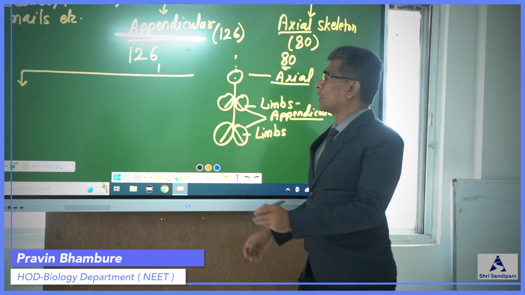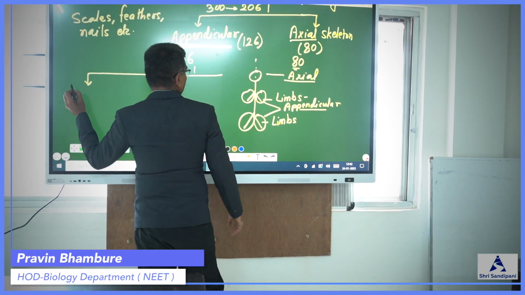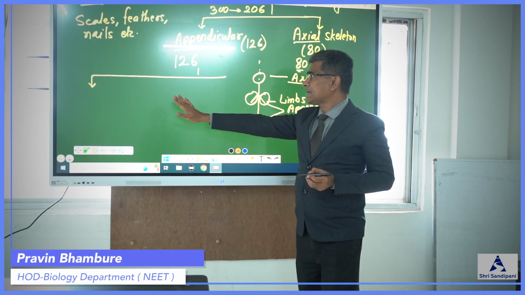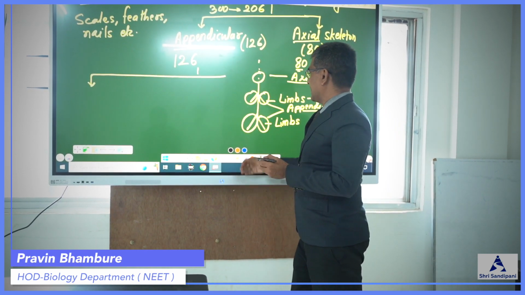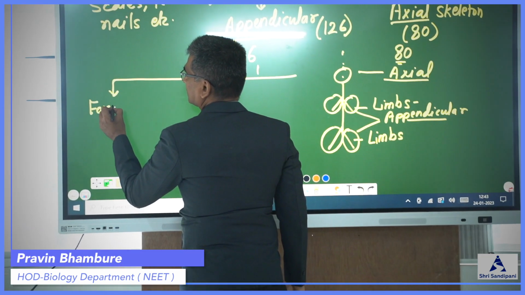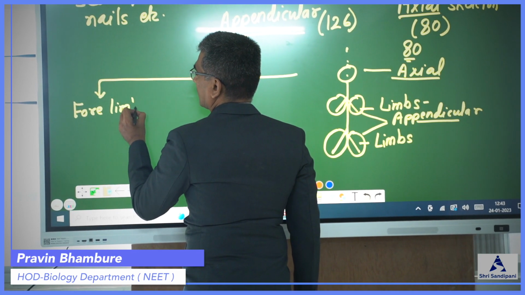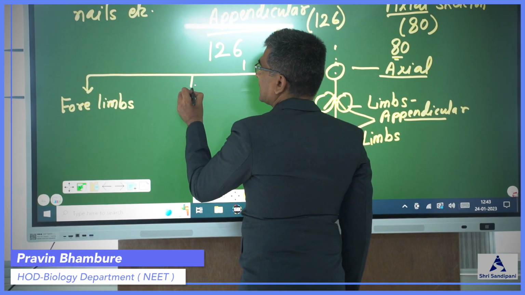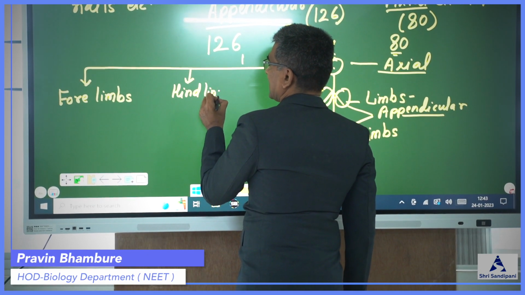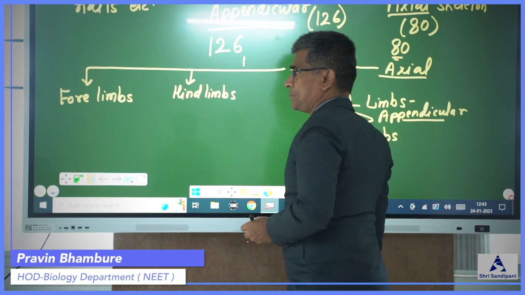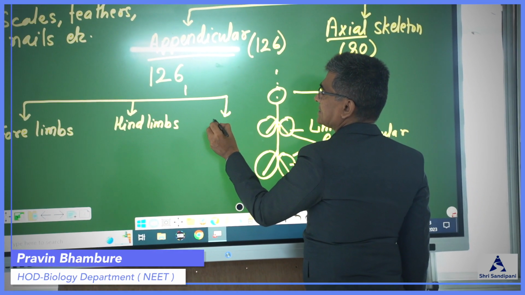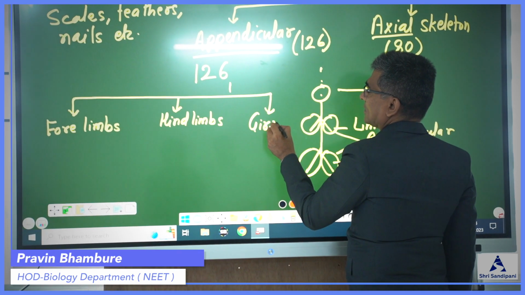Now appendicular, 126, we need to study. So how is appendicular divided? I will write here, for example, 4 limbs, then hind limbs, meaning our legs in common terms. Then there will be something called girdles.